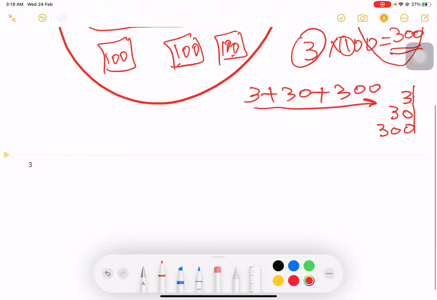Okay. Now, the 0 will go down, then the 3 for the tens, then the 3 for the hundreds. So my number will be, in all they are 330. Okay, 330, what is the unit? Marbles.